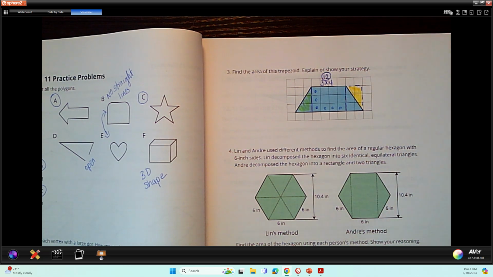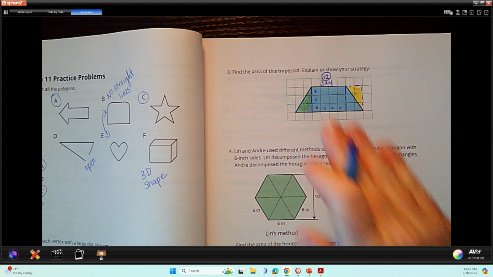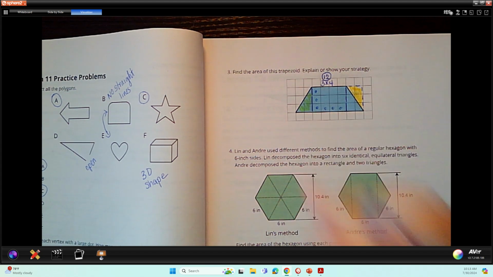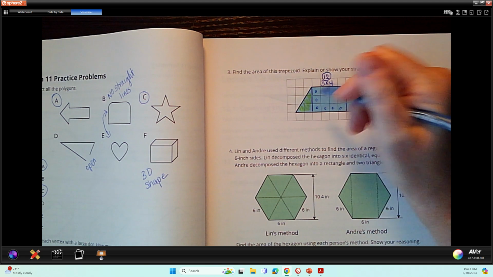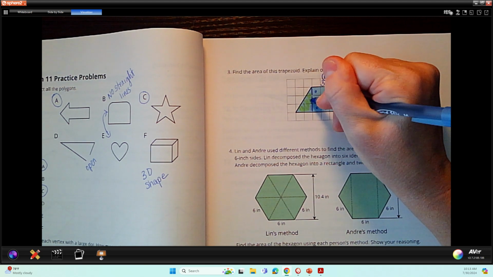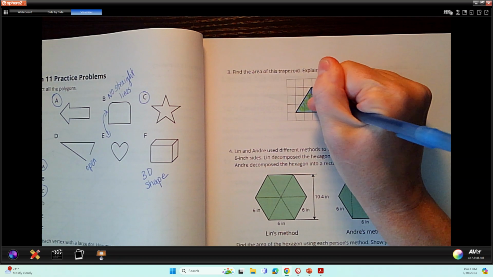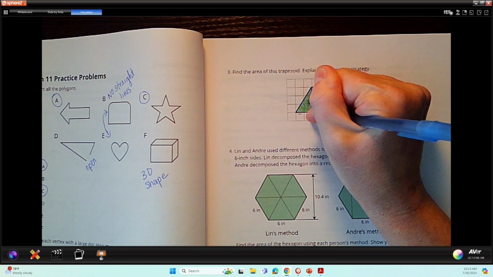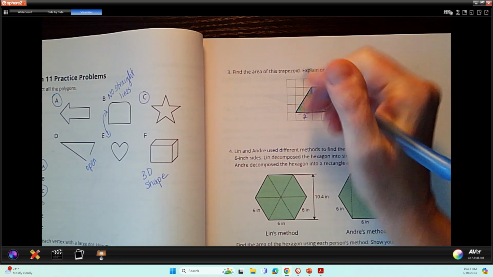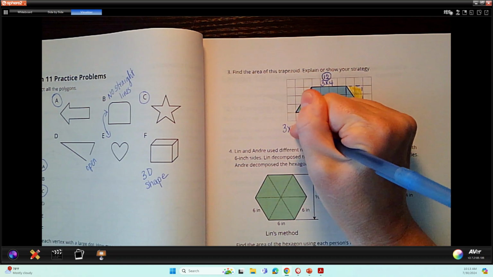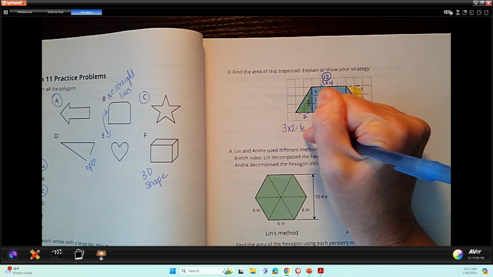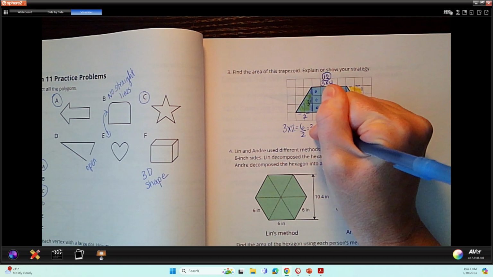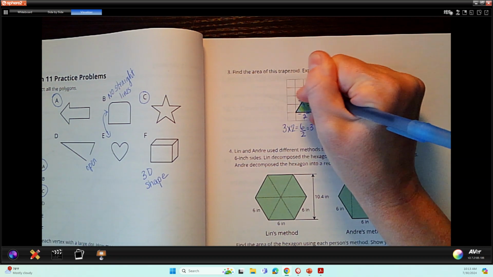Okay, so I can either just do base times height and call it a day, or I can find the area of each of these separate triangles and add them together. So I'm going to show you both ways. So my height here is 3, my base is 2, but because it's a triangle, 3 times 2 is 6 divided by 2, which is 3. So this guy has an area of 3.